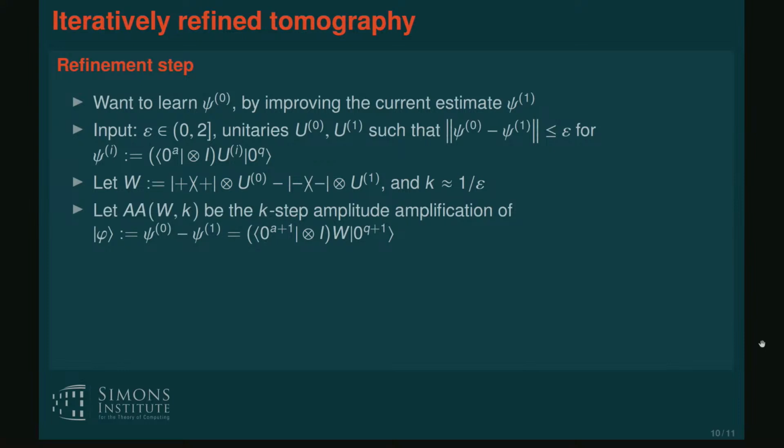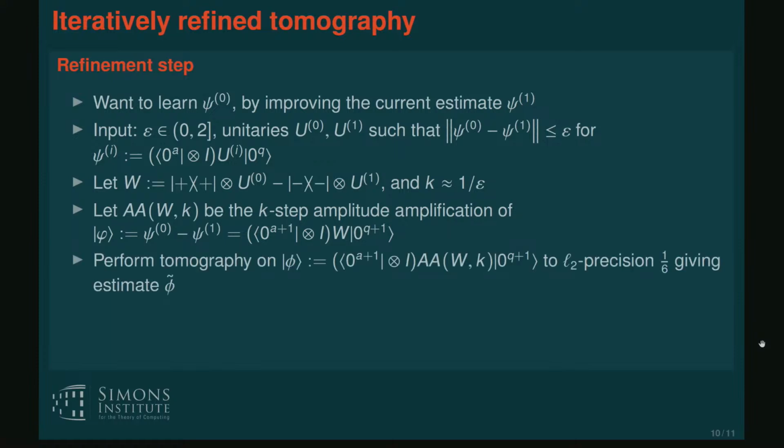So psi0 is close to psi1, so when we subtract them, it will be a very small vector, which as a quantum state we can amplify using amplitude amplification. But once we have amplified, for the final state it suffices to do only constant precision tomography, because it's magnified 1 over epsilon times.